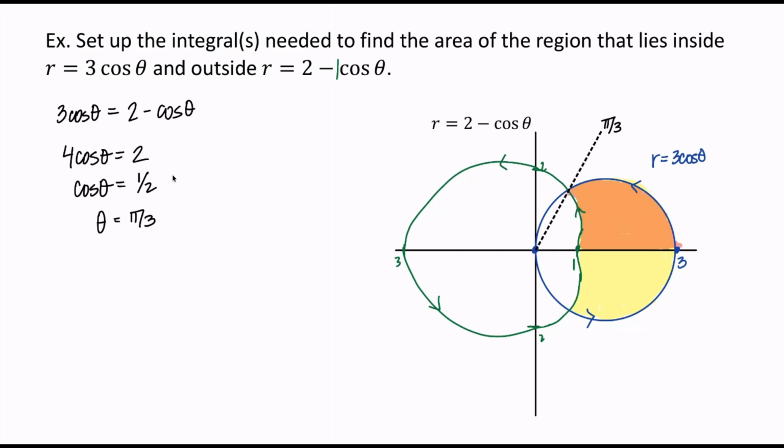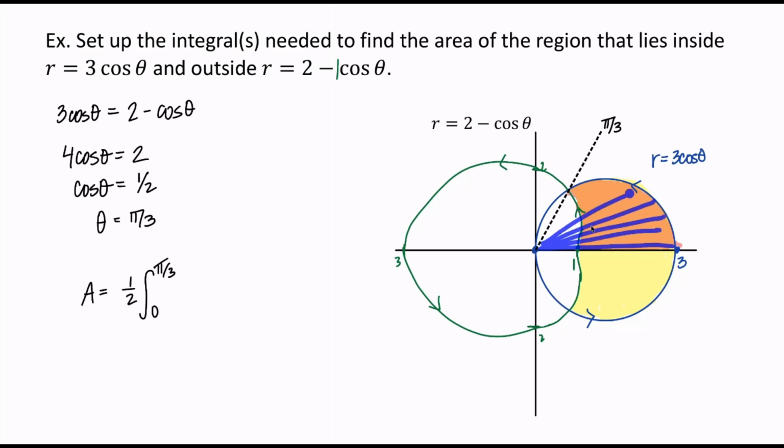So what we're going to do is start at 0. I'm going to do this the long way, and then I'm going to shorten it. So we're going to set up our area. It's 1/2 the integral from 0 to pi over 3 of r squared. First, I'm going to find too much area.